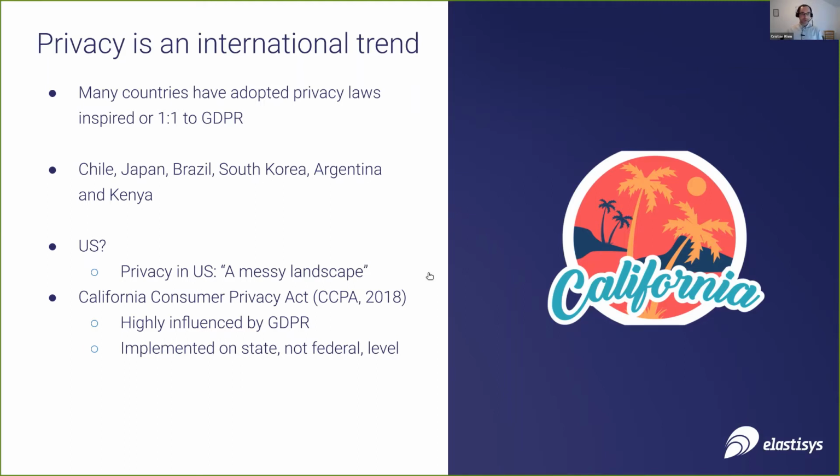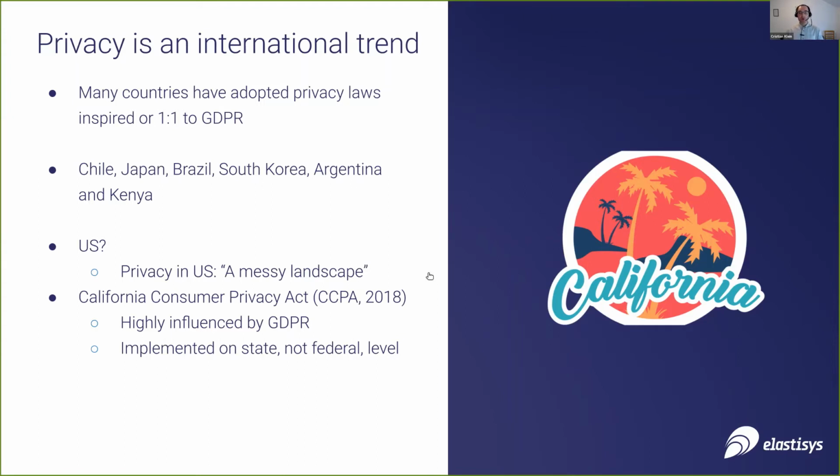Now, probably you're asking me, what about the US? Well, the US is, as somebody characterized it, a messy landscape. So there is a patchwork of legislation covering privacy in very specific industries, in very specific cases, or at the state level. For example, California has recently passed the California Consumer Privacy Act, which is pretty much similar to GDPR.